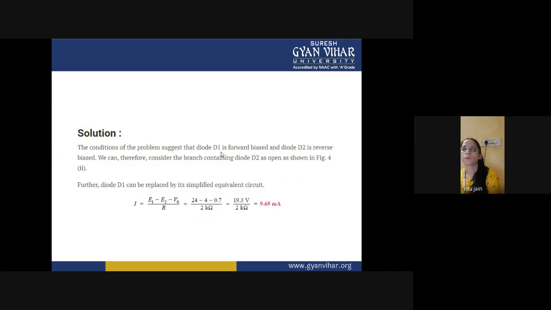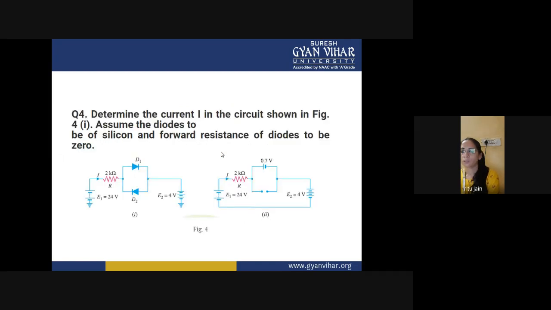Further, diode D1 can be replaced by its simplified equivalent circuit. So you can replace this. You can see that we are not considering this branch. So it is a loop in which you can apply KVL.